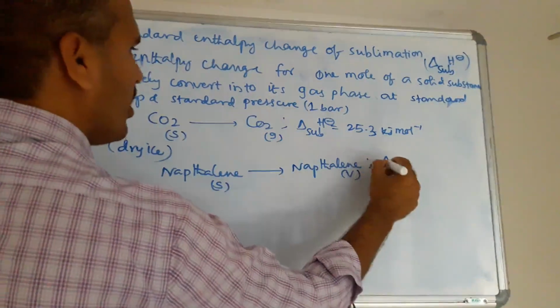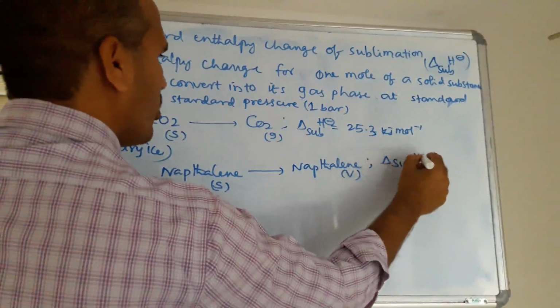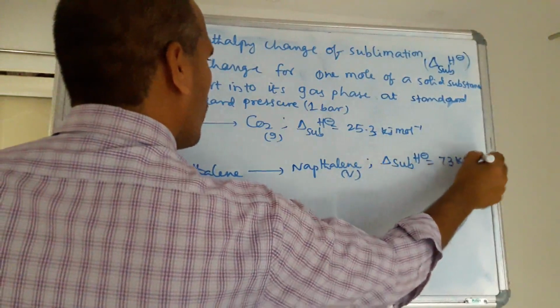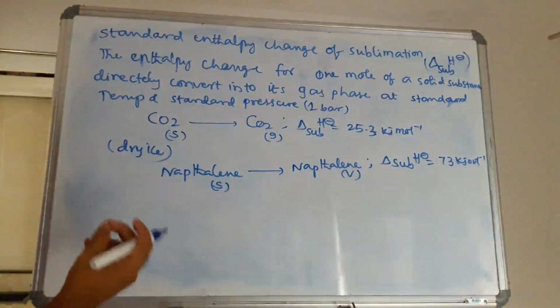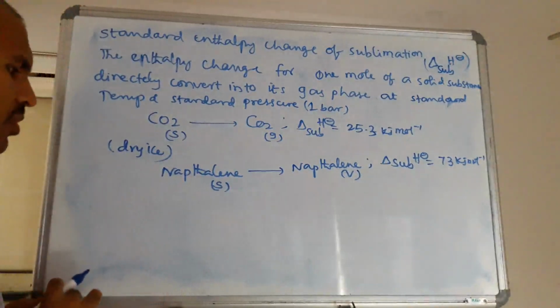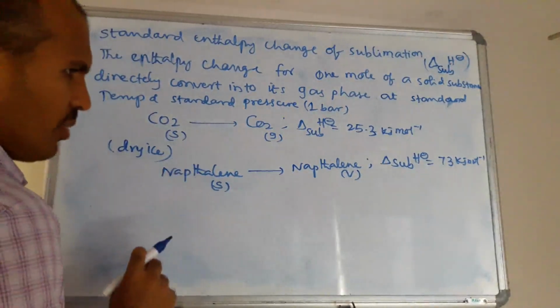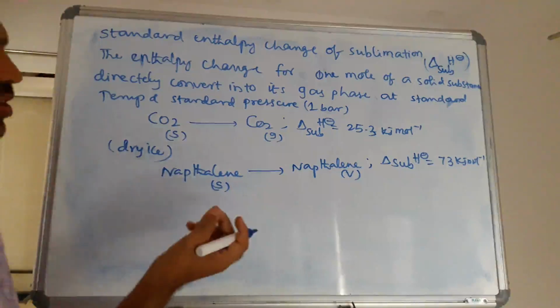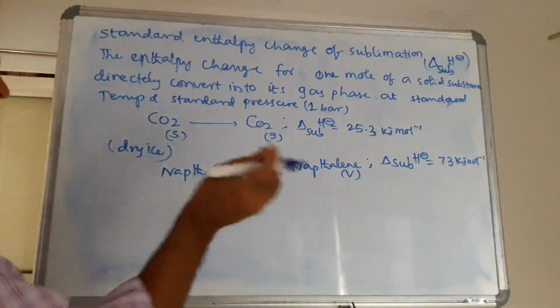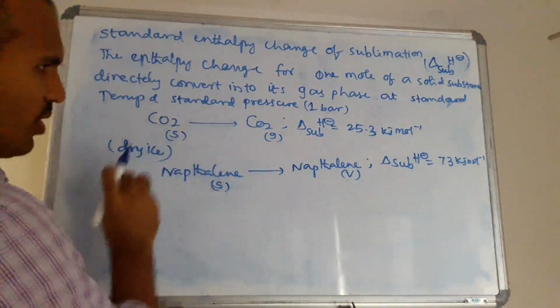For this, the enthalpy of sublimation is 73 kilojoule per mole. Like this, you already learned some examples in the first chapter of organic chemistry, the basic concepts in the purification of organic compounds. There also sublimation is there. So such examples are all applicable here.